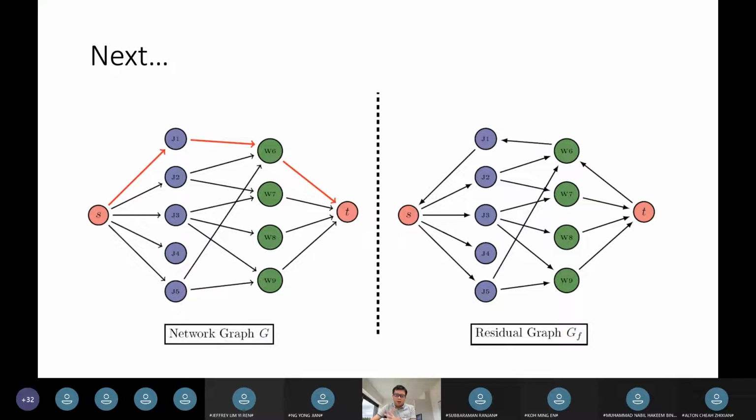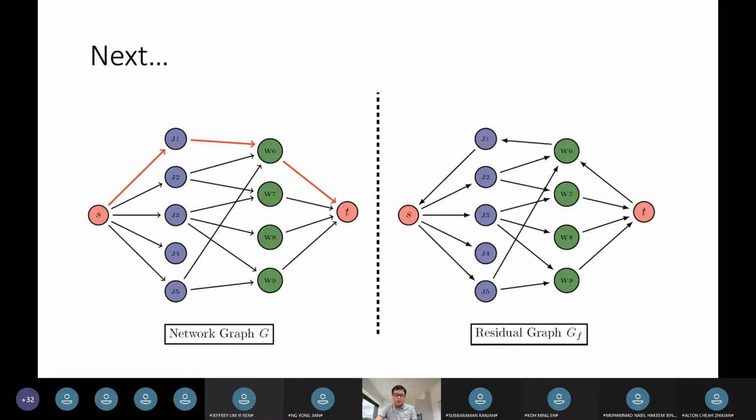And then on the residual network, at the beginning it is from S to T. Now we reverse it from T to S.